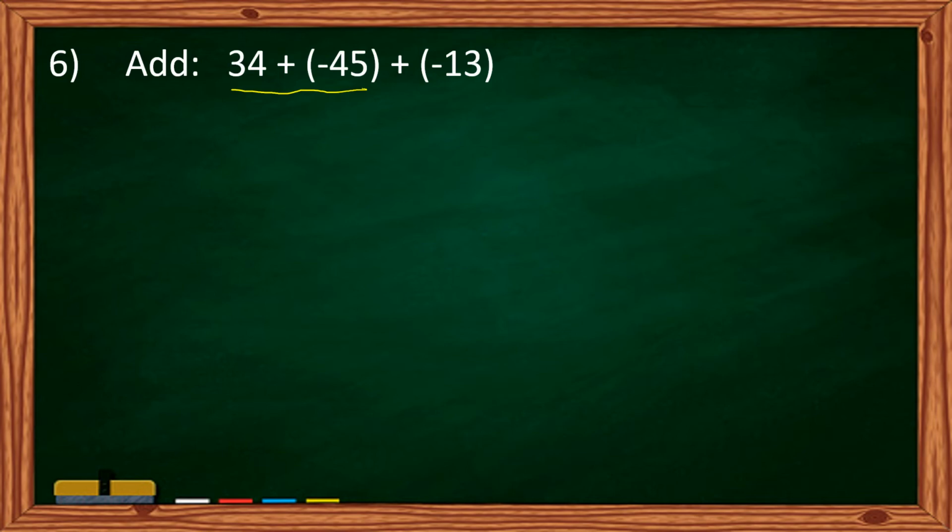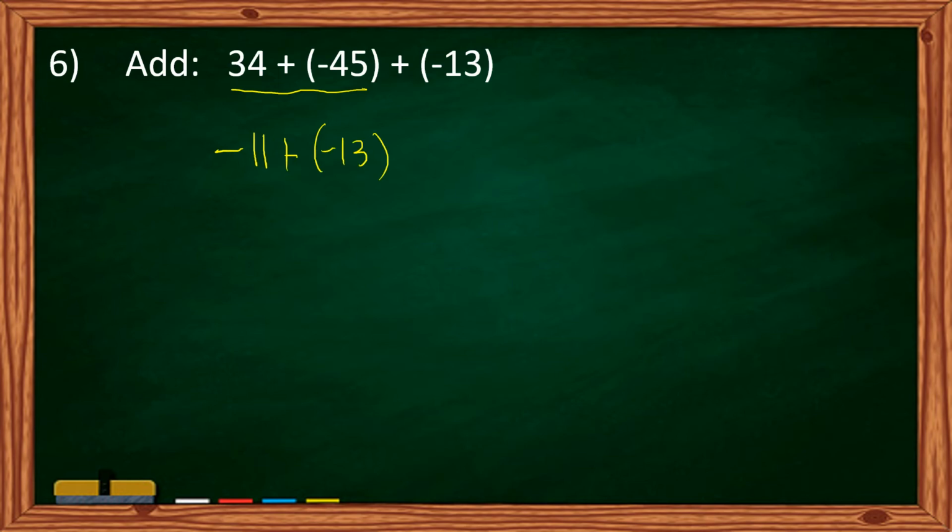So 45 minus 34 is 11. But since the absolute value of 45 is greater than the absolute value of 34, then we are going to copy the sign of 45. So that's negative 11. Okay? Then plus negative 13.